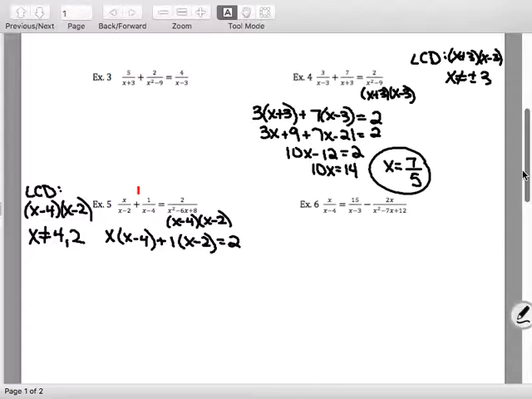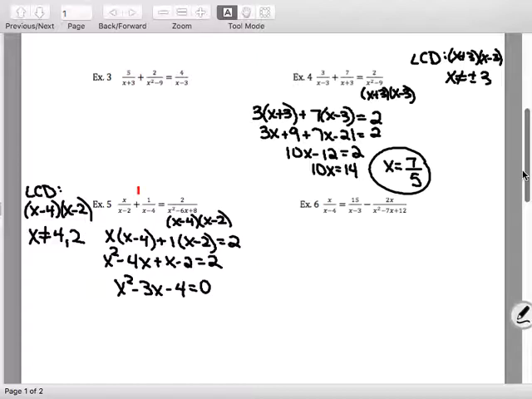This is going to give me x squared minus 4x plus x minus 2 on the left side. I'm going to combine like terms and get x squared minus 3x, and let's go ahead and bring the 4 over.